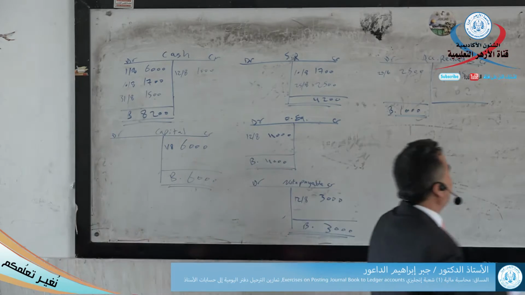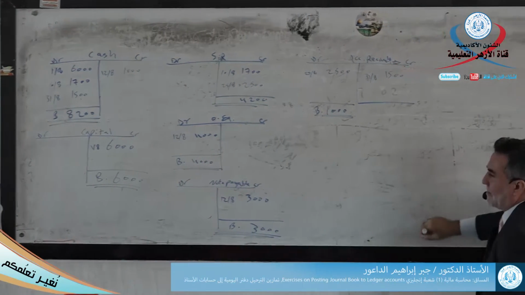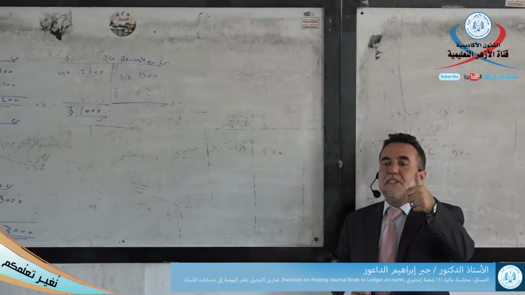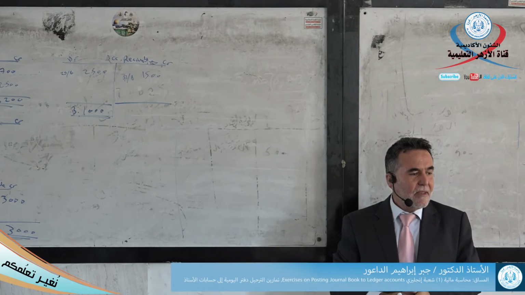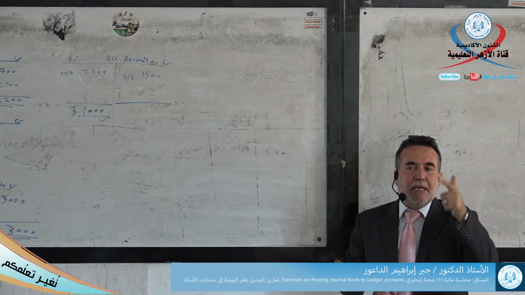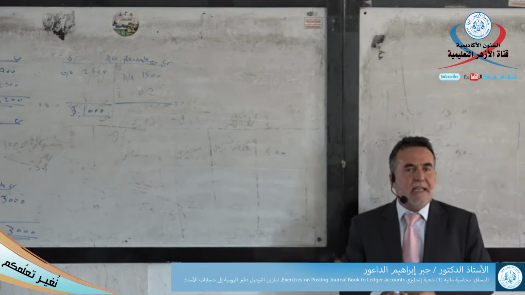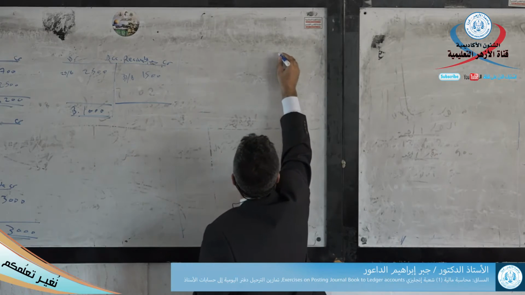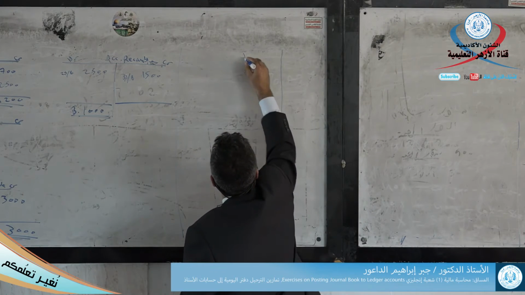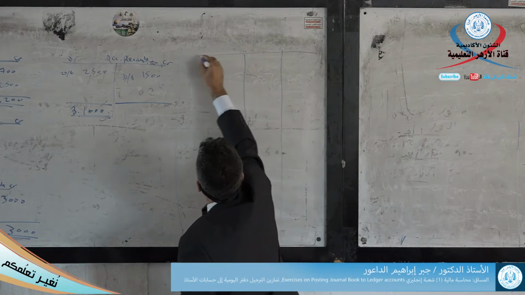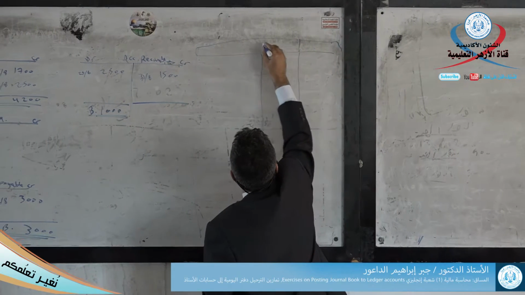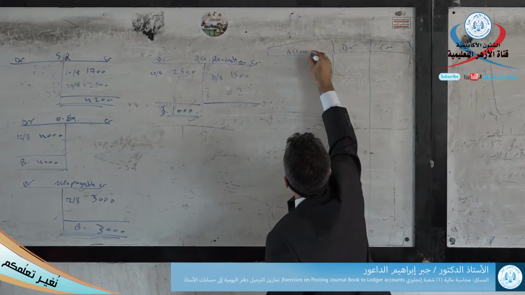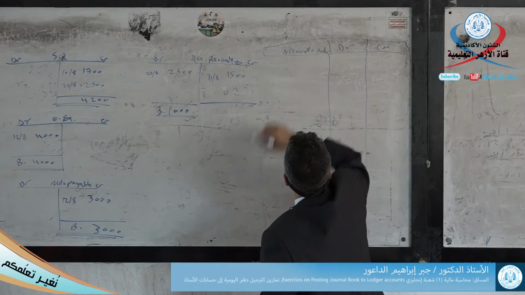So to prepare a trial balance, 3 columns for a trial balance. First column for account name, second column for debit amount, and the last one for a credit amount. DR, CR, account title or name.